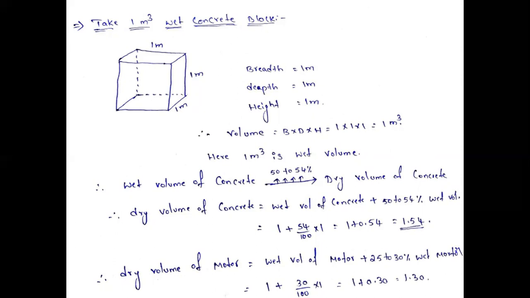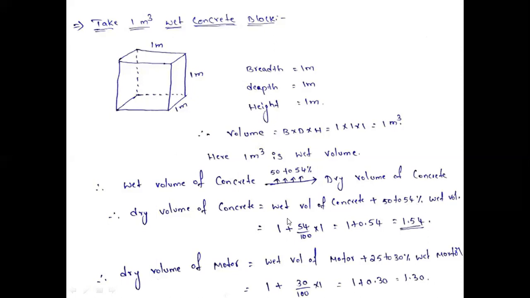So here, how to convert wet volume into dry volume in concrete and mortar. First, the wet volume of concrete is 1 cubic meter. Here we add 52-54%, then the dry volume of concrete is obtained. So dry volume of concrete equals wet volume of concrete plus 54% of wet volume of concrete.